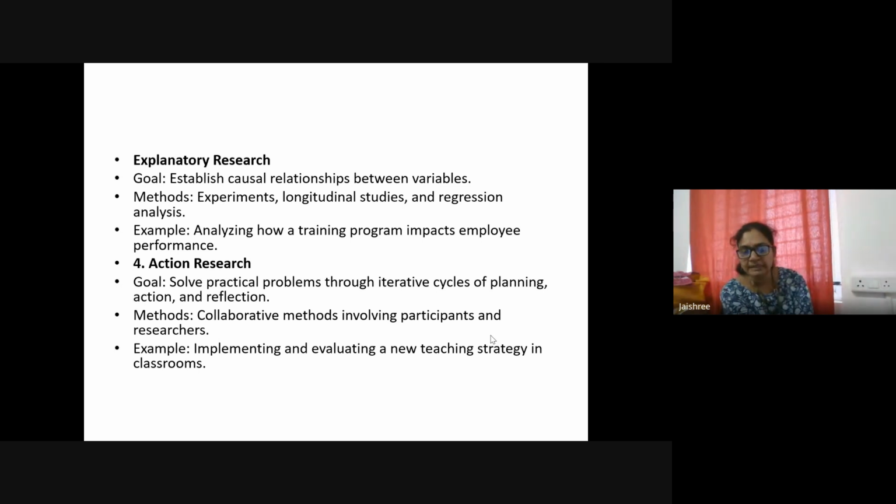So I'll give a quick recap of what we did today under methodologies. First is qualitative methodology. It is basically based on human experiences, human emotions. Next is quantitative methodology, which is basically based on numbers.